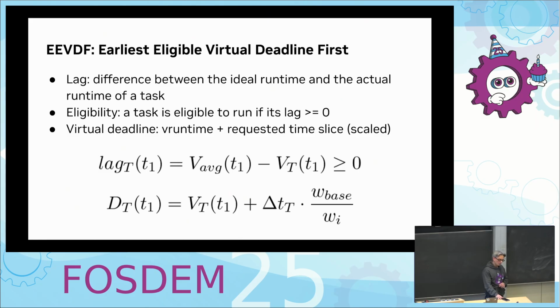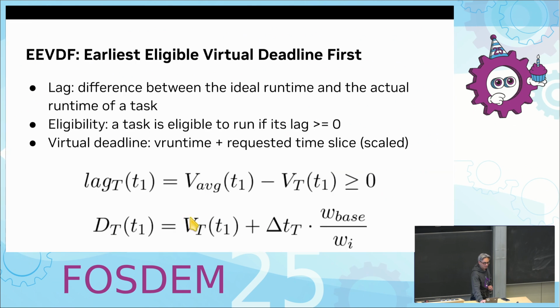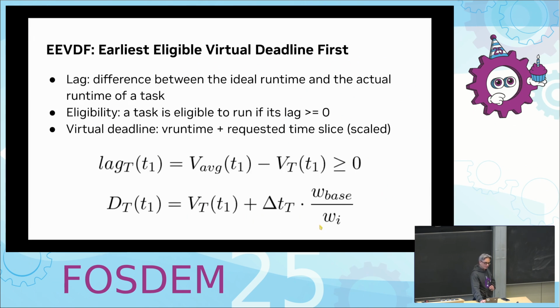Now, without going too much into details, the deadline is determined as the vRuntime here, plus a scaled amount of time that the task is requesting. So let's say if a task is requesting a small amount of time, like the Wayland compositor that we have seen earlier, it would get a shorter deadline. Therefore, it would get more chances to be scheduled.